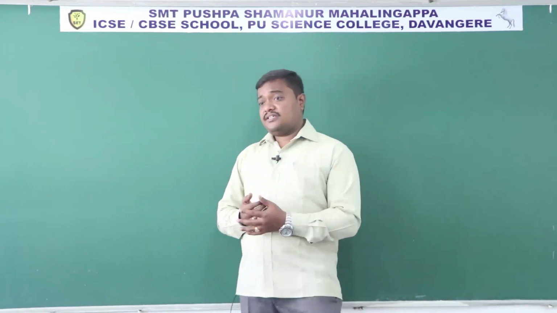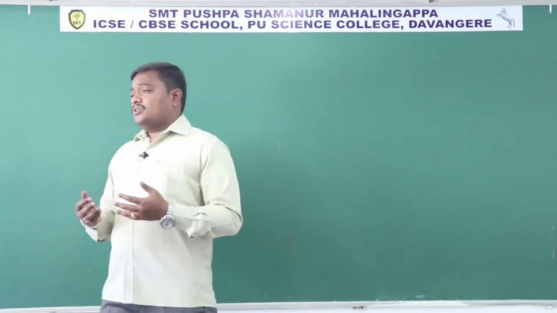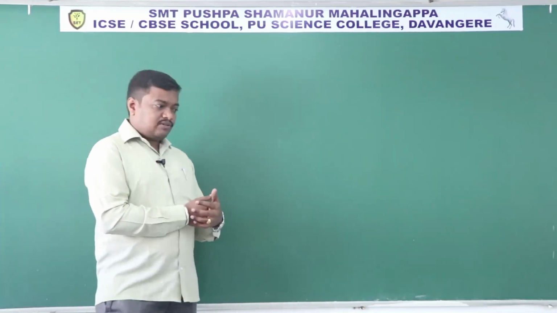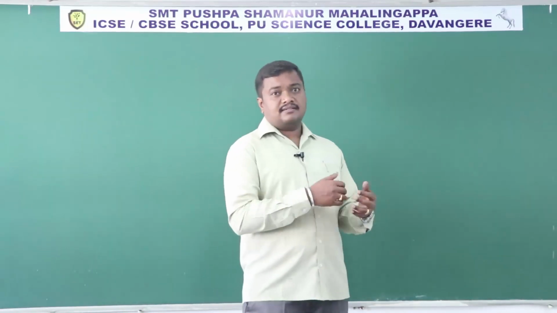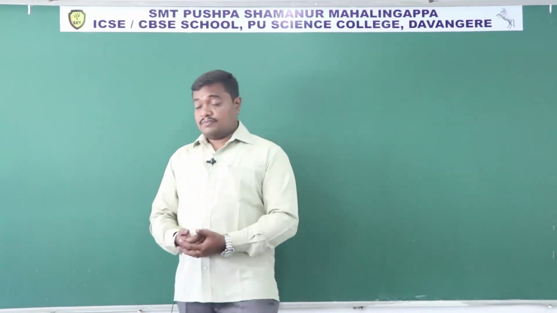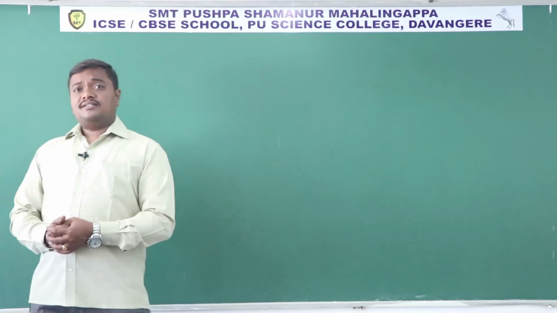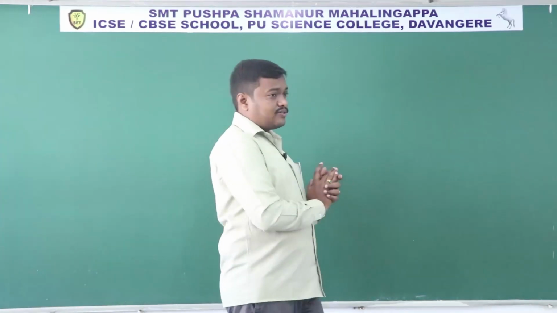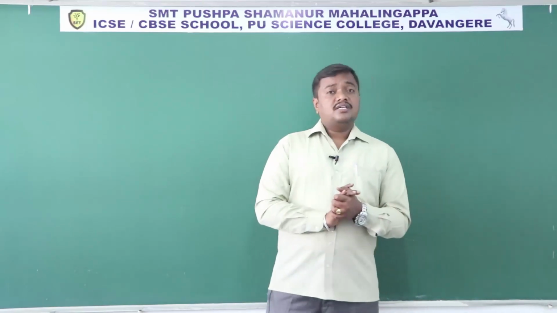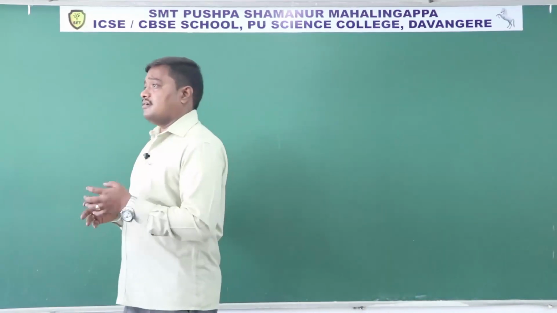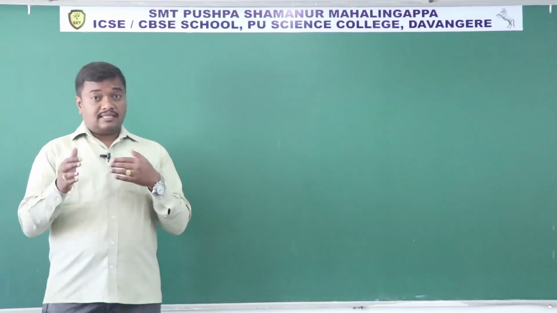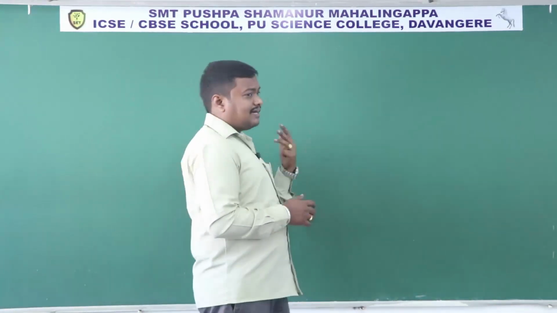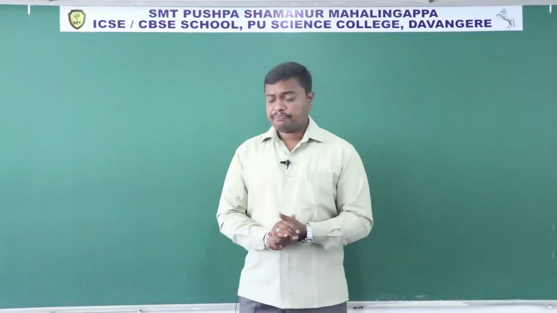For the classification of the plants, scientists, previously called naturalists and nowadays taxonomists, classified the plants based on how they look. Based on their appearance, the plants were classified into herbs, shrubs, trees and climbers. So that you studied.